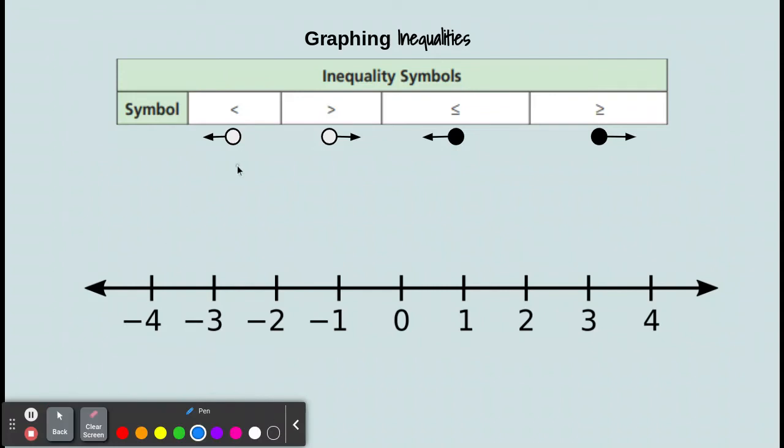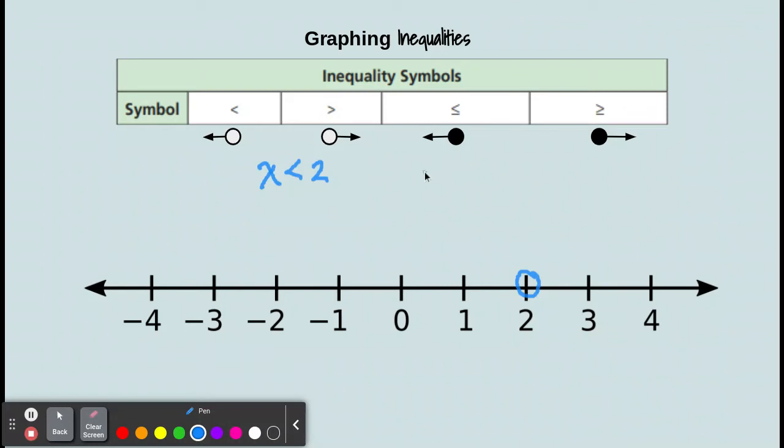So if we had, let's see, x is less than 2. Okay, so if we want to graph this one, so we know less than 2. So let's find 2 on our number line. We have a circle here, and it's an open circle here because our solution is not going to include 2, right?